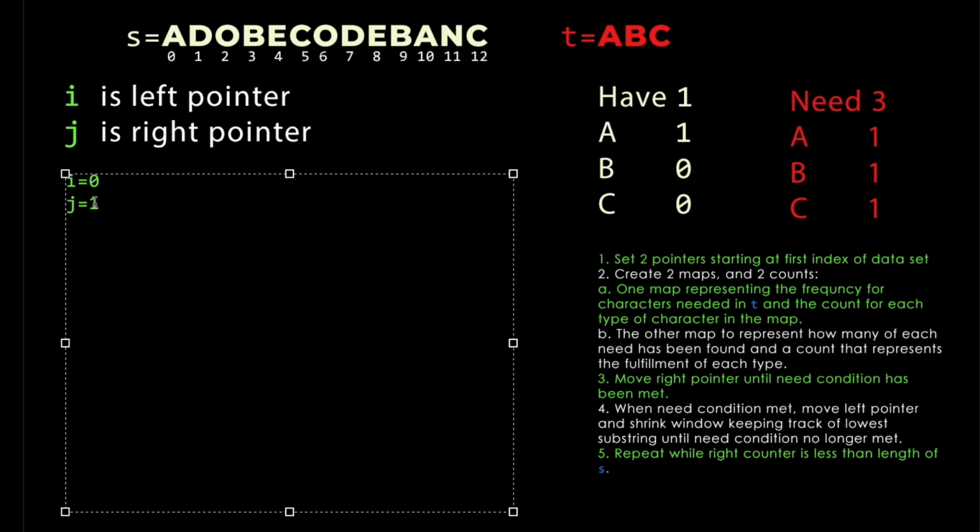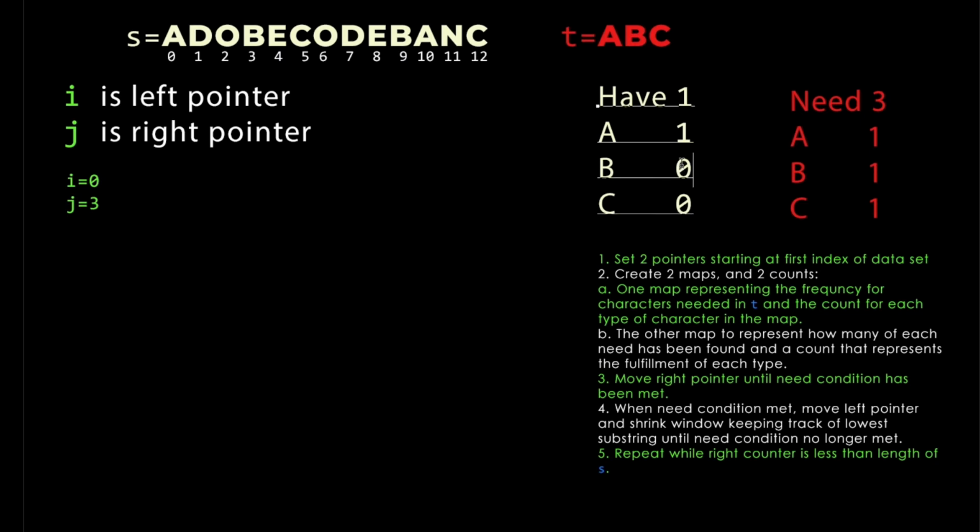At J equal to 1, we have a D. We don't need any D, so we can move on. At J equal to 2, we don't need any O's, so we can move on. At J equal to 3, we do need B's. So now we once again increment our map. Does it satisfy the condition? Yes, it does.